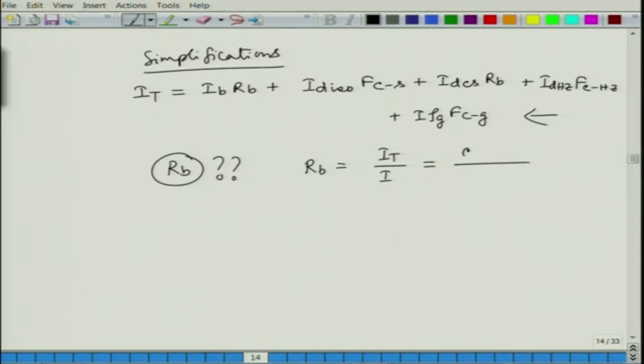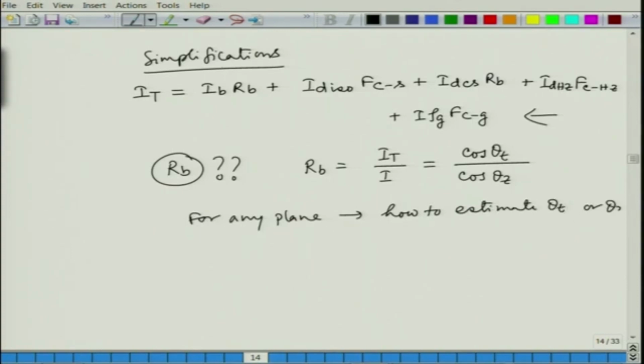One is the cos of the incidence angle on the tilted plane, and for the horizontal plane the incidence angle is the zenith angle, right. So, cos of zenith angle. This is simple, and for any plane we have seen earlier how to estimate theta t or theta z.